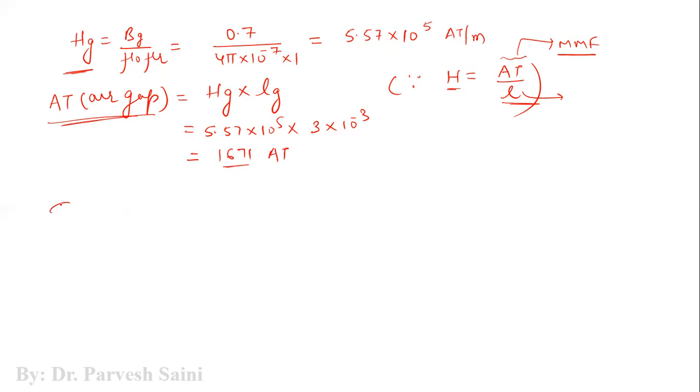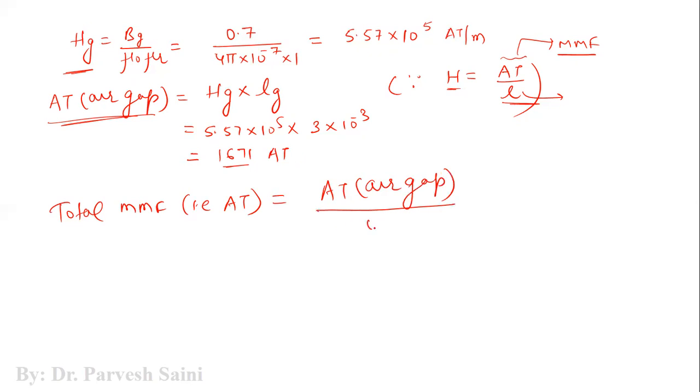Now, because the air gap MMF is 70% of the total MMF, we can find out the total number of ampere turns: 1671 divided by 0.7. This would give us almost 2388 ampere turns.